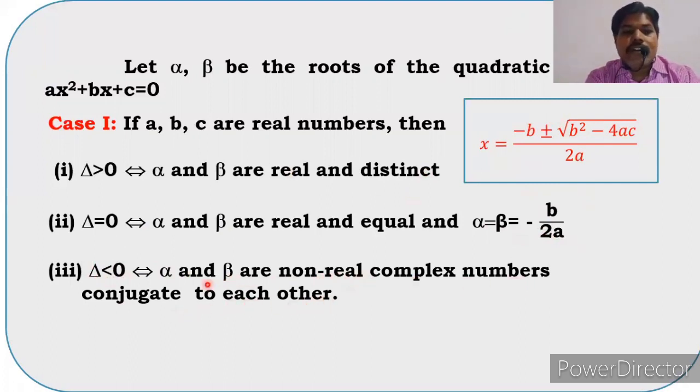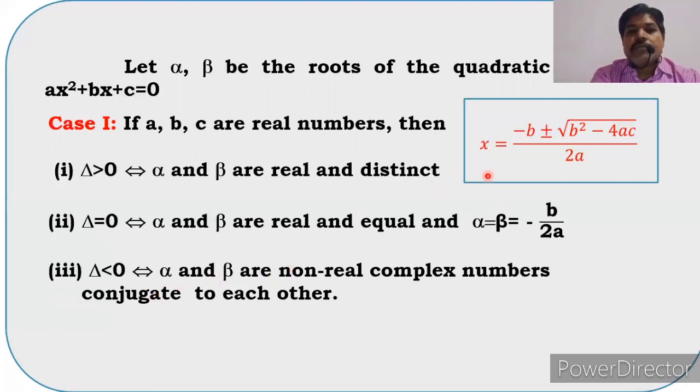Sir, what is the meaning of conjugate? Conjugate is nothing but, if one value is a plus ib, the conjugate is a minus ib. For example, 2 plus 3i, the conjugate is 2 minus 3i. For example, 5 plus 4i, the conjugate is 5 minus 4i.